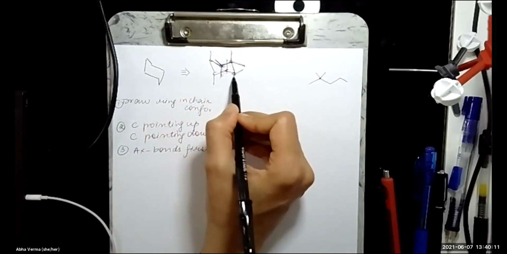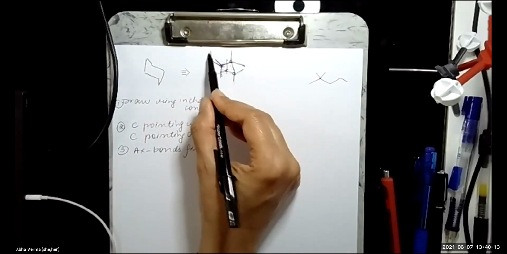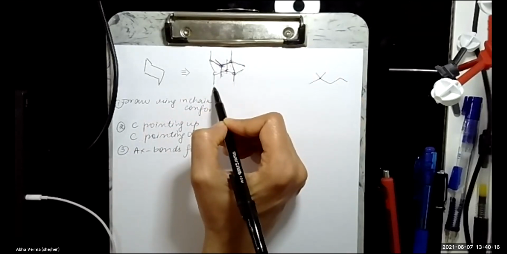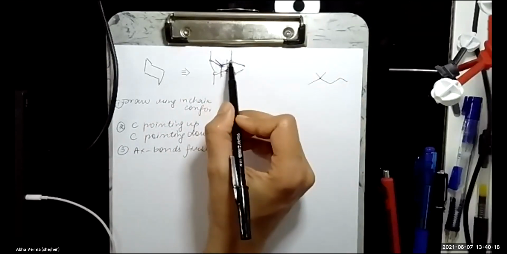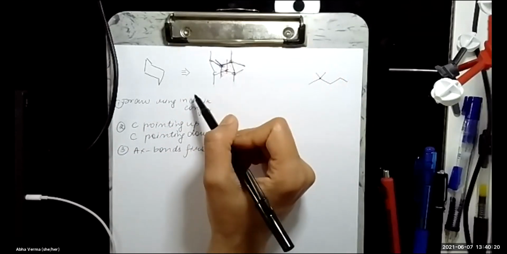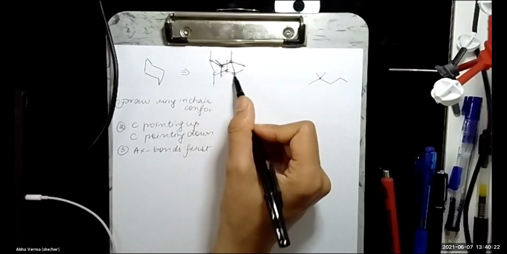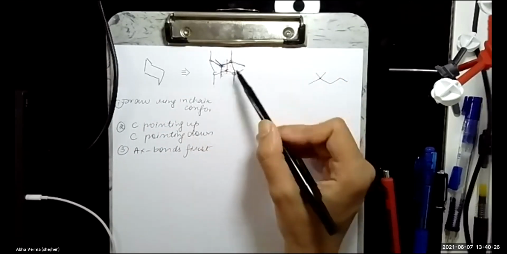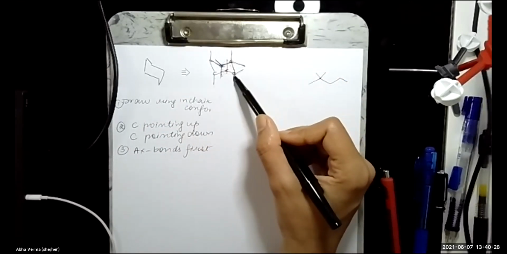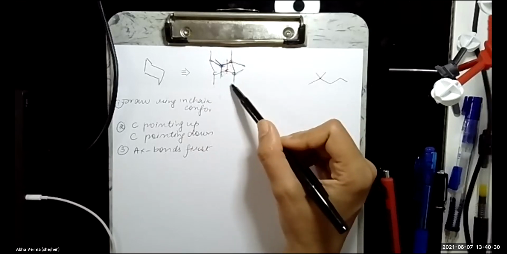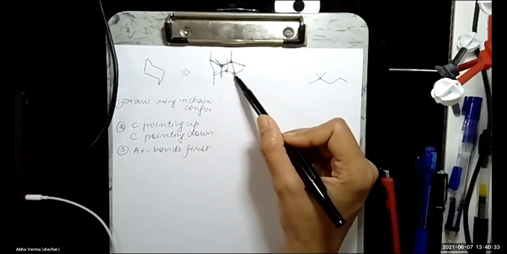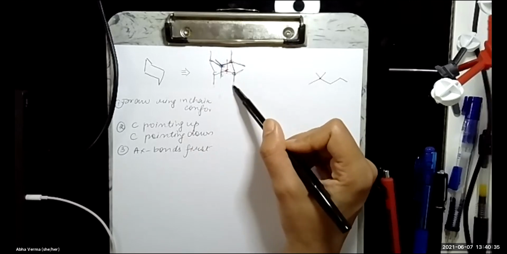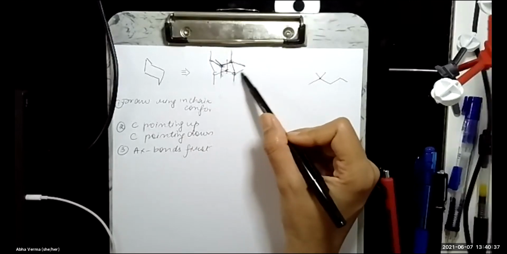Remember, axial will always point perpendicularly either upwards or downwards. They will be upwards alternatively. They will be downwards alternatively. And my equatorial bonds will be facing away from the ring and in the opposite direction of the axial. For example, in this carbon, axial is going down, my equatorial is going up.